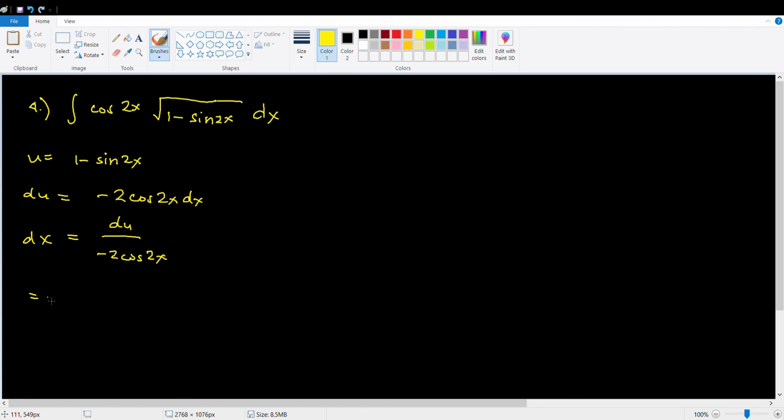This becomes cosine 2x times u raised to 1/2 dx, since we have a radical sign here, which is the square root, so we raise it to 1/2. This becomes cosine 2x times u raised to 1/2 times du over negative 2 cosine 2x.